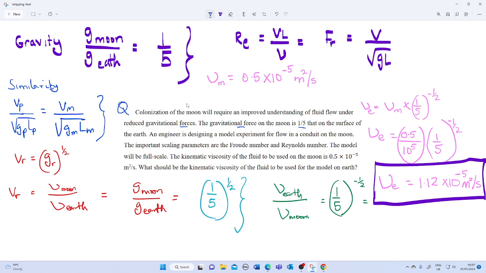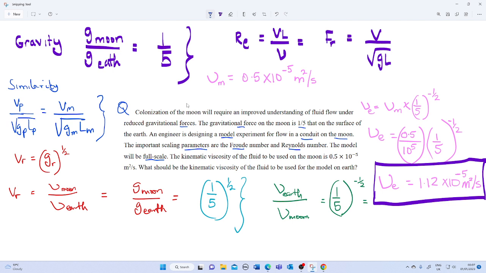An engineer is designing a model experiment for the flow in a conduit on the moon. The important scaling parameters are the Froude number and the Reynolds number. The model will be full scale.